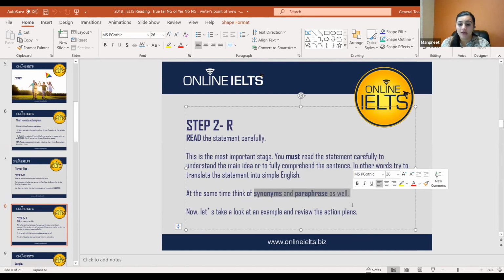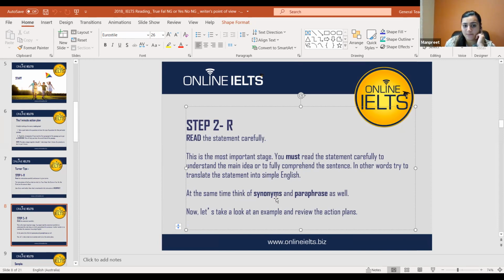In true, false, not given, or any questions for that matter, you always get synonyms. They don't give you the same words or phrases in the passage as in the question. It's always paraphrased. So read the question, understand it completely, think of the synonyms and try to translate it into simple English. That's the first thing you have to do.